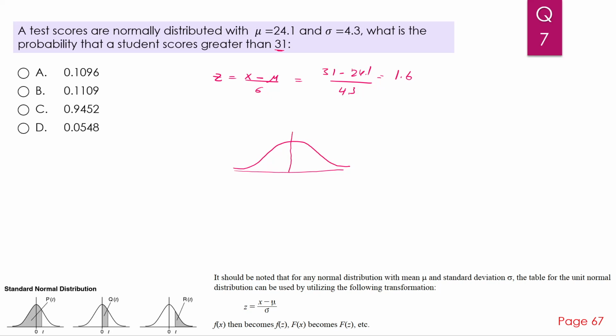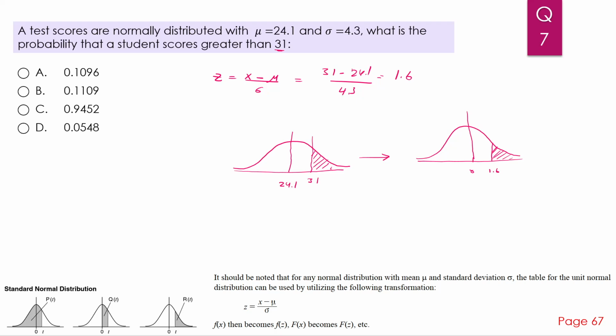So our mu here is 24.1, this is our 31, and this is the probability required, and that matches the standard normal distribution with mu equal to 0, and our z value is 1.6, and we are looking for that value.